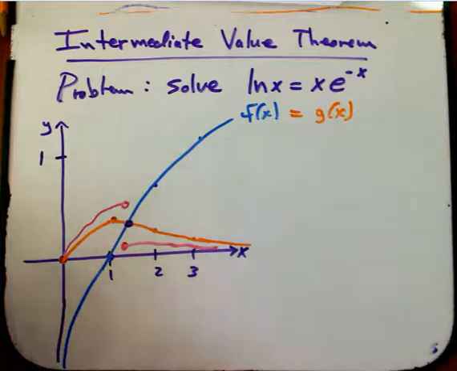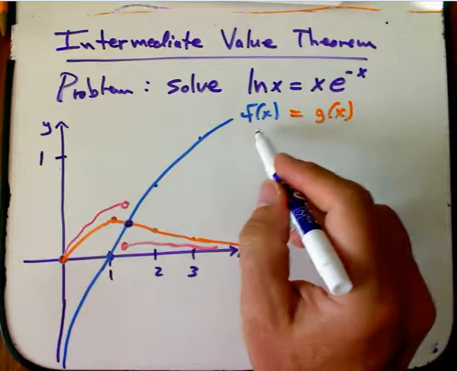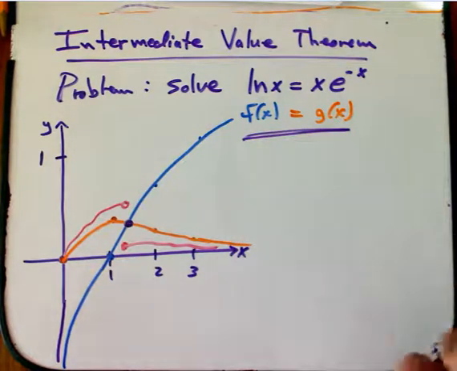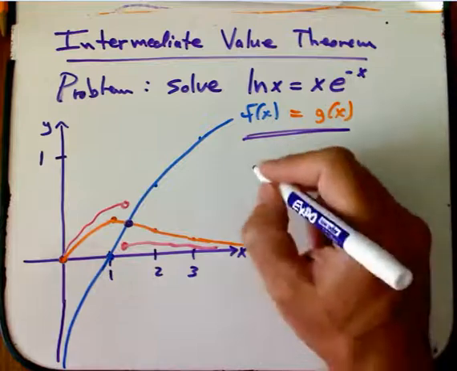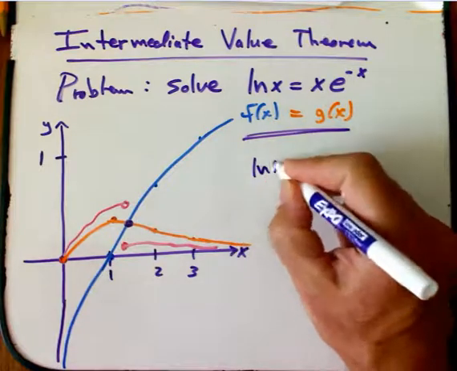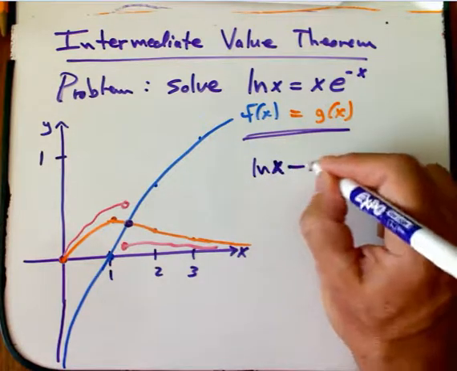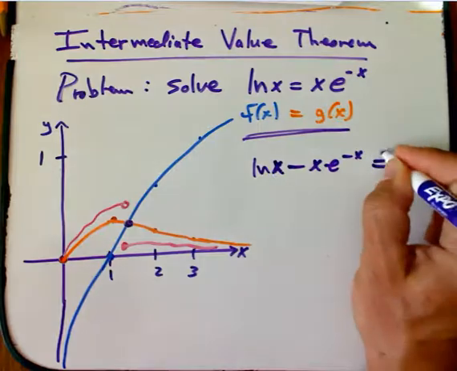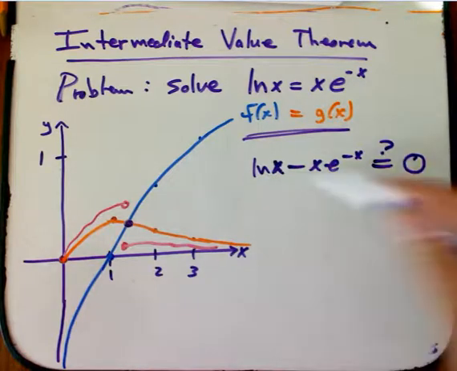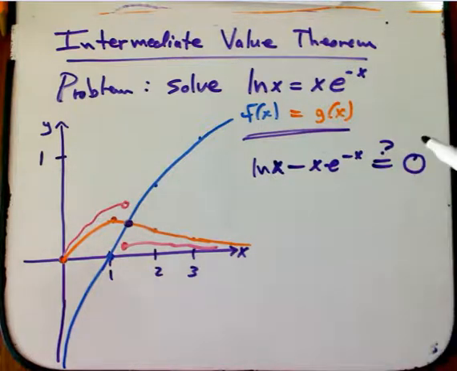So let's even strip it down a little bit more, though. A very common technique when you're trying to set two things equal, which you've been doing since the first days of algebra, is to say, well, what if I express it as ln x minus x e to the minus x? Can that ever be equal to 0? Just put everything on one side of the equation.